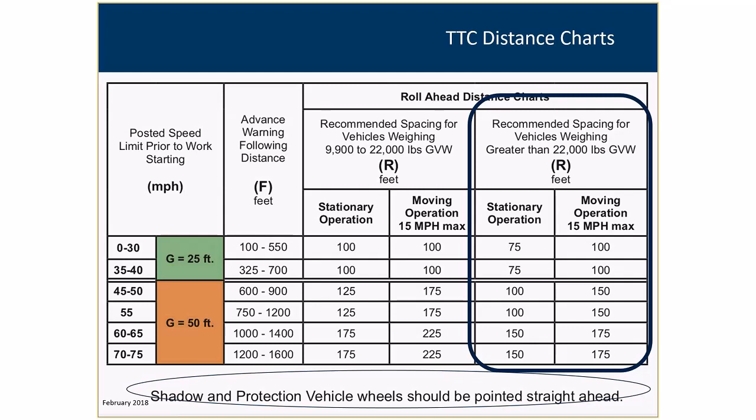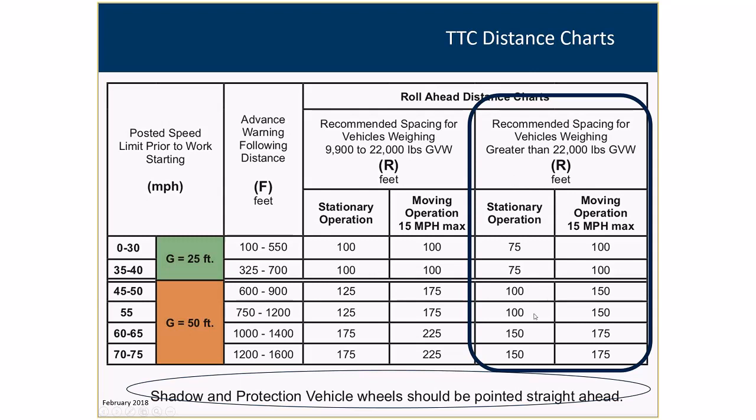And we ended up looking through some federal guidance and then adding that language into this table to make it so that the vehicle can be a little bit closer to the work, because you want to have separation from the workers and the vehicle, because when the vehicle gets hit, it will move. But with a heavier vehicle, it will move less. And so this allows the roll-ahead distance to be reduced, and you can get a little bit closer to the workers ahead of you if you're in a mobile operation.